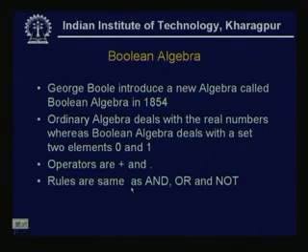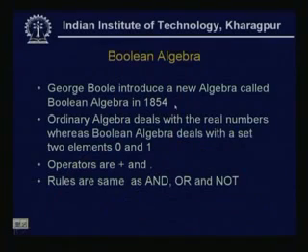So, if we now concentrate on Boolean algebra, so far we have defined the general algebra, and if we consider Boolean algebra, we can define it like this. First, George Boole introduced this new algebra, called Boolean algebra, in 1854.